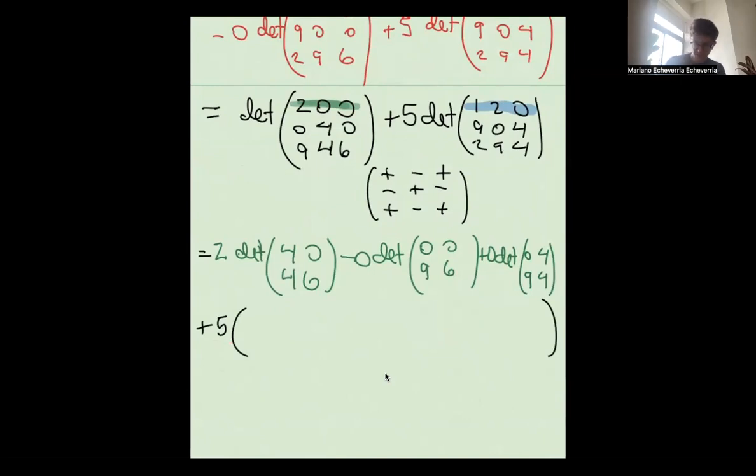So this is going to be 1 times 2, which determinant is 0, 4, 9, 4. And then minus 2, which is determinant 9, 4, 2, 4. And then plus 0, which is determinant 9, 0, 2, 9, right?